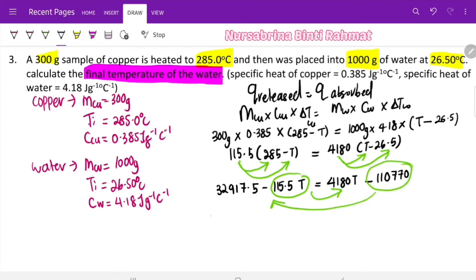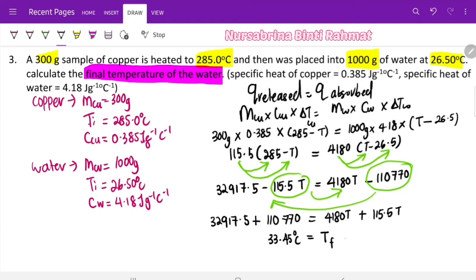So this becomes... okay, so that means now you can solve for your T. So your T, which is your final temperature, is equal to 33.45 degrees C. So this is the final temperature of your water as well as for your copper.